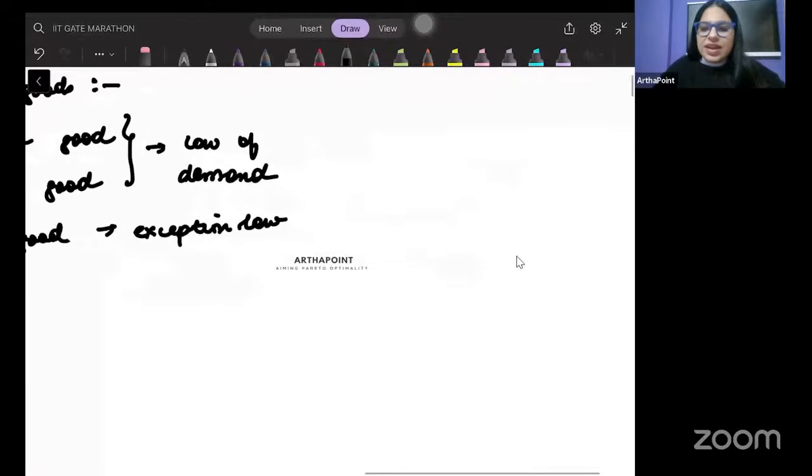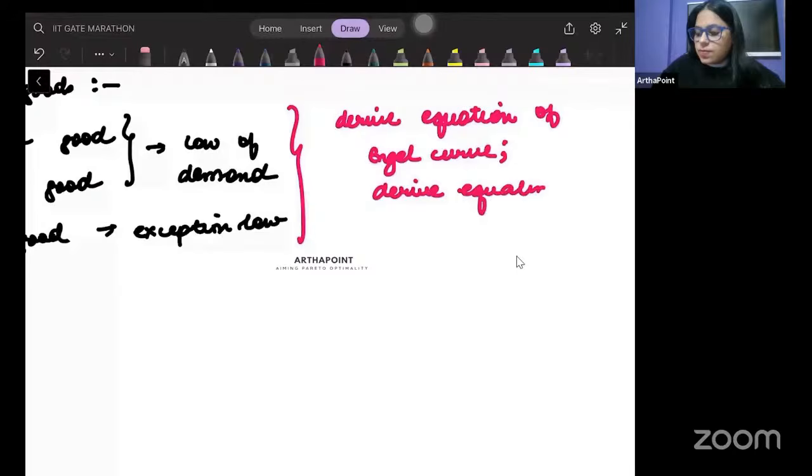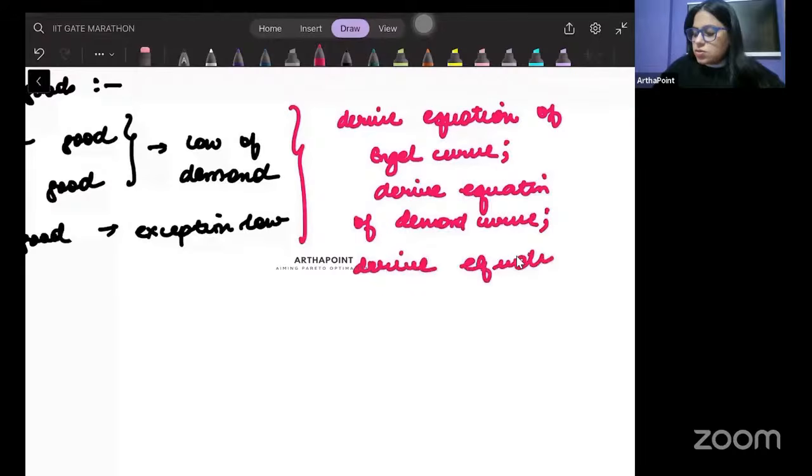What can come in the exam, mathematically also, is that they may ask you to derive the equation of the Engel curve, or derive the equation of your demand curve, or derive the equation of the income offer curve or price offer curve.